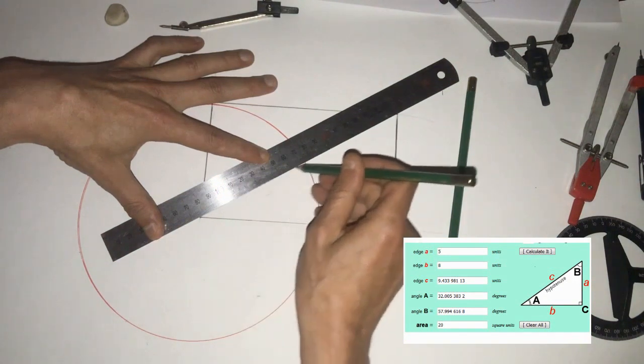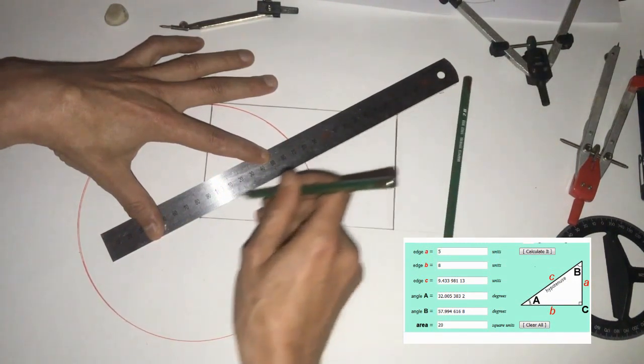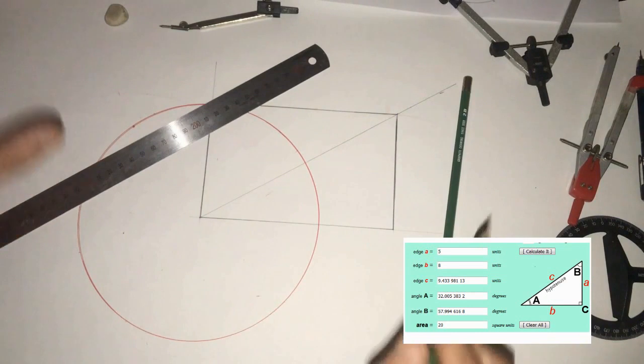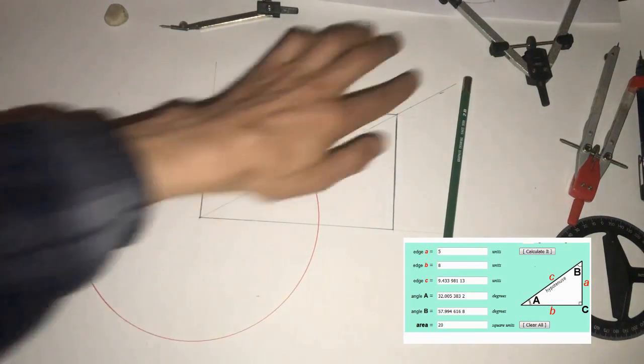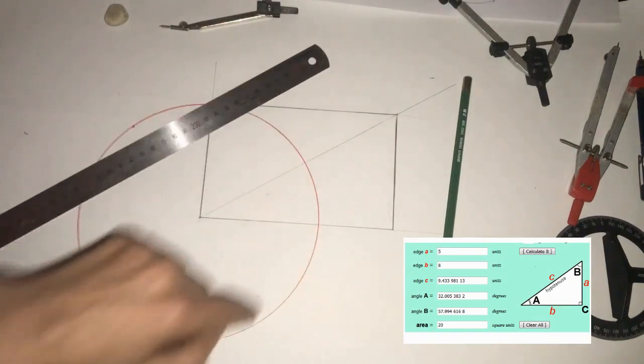But if we draw a diagonal through there, I'll put a card here. You can use trig, and double check it with an online right angle triangle calculator. We have a right angle triangle here.